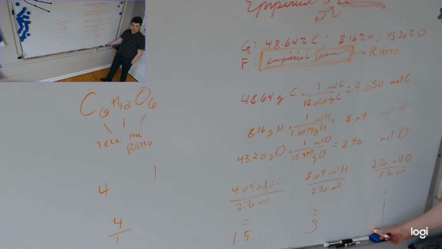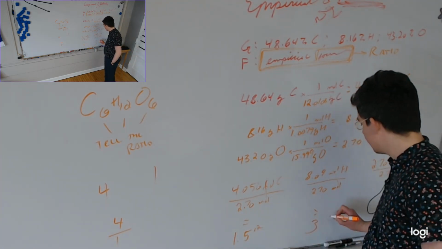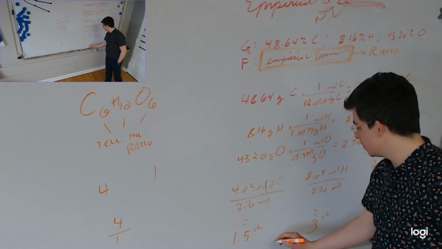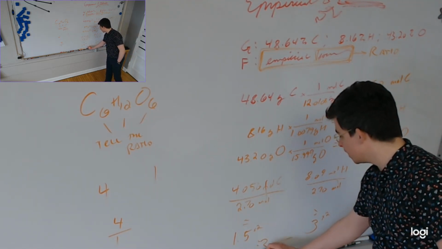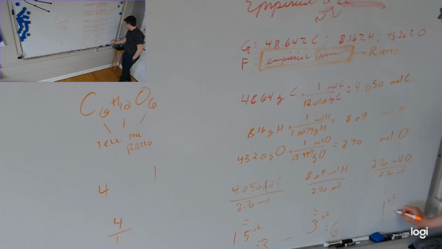No, that cannot happen. But you can multiply to make it so. Multiply all of them by 2. Then this one becomes 3. You can do this part of the math even without a calculator. This one becomes 6. This one becomes 2.